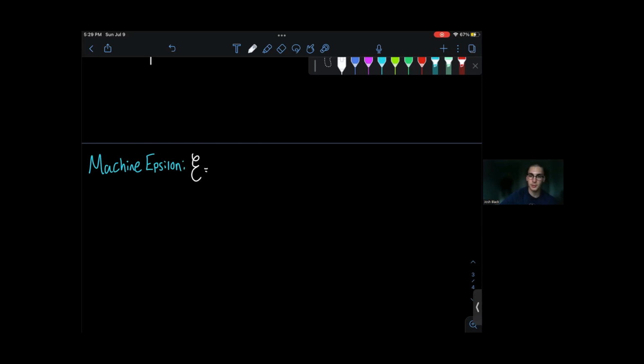We are going to equate our machine epsilon to b, our base, to the power of 1 minus t, where t is the number of bits in the mantissa. This does not include the number of bits in our exponents.